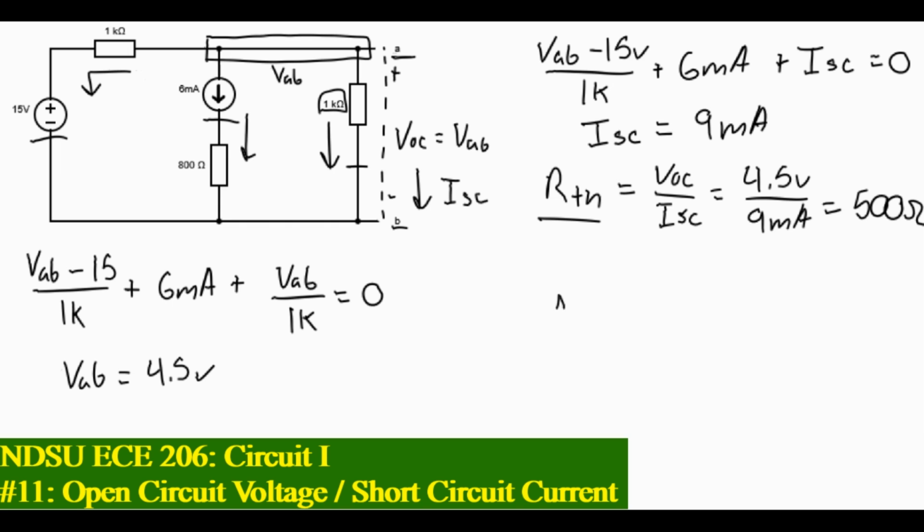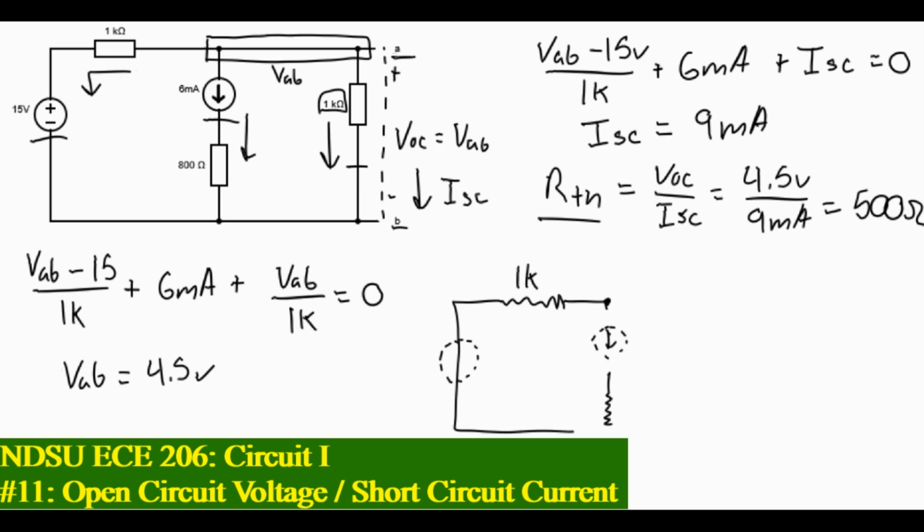So, let's draw our resistor. This is where our voltage source would have been, now a short. This is the 1K ohm resistor. In order to deactivate a current source, we're going to open it. This is where our current source would have been.